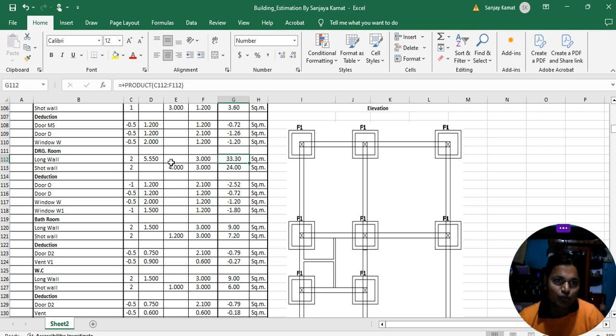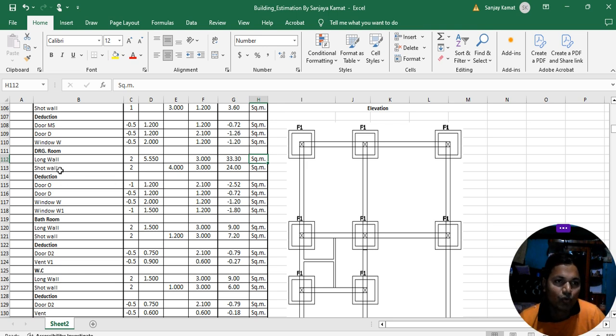Since we got the three values, again we multiply all three values, then what will you get? You will get 3.30 square meter.